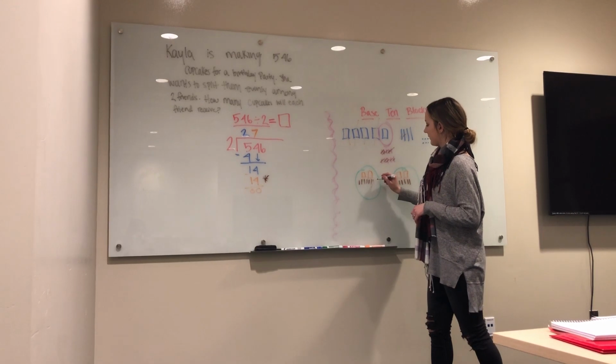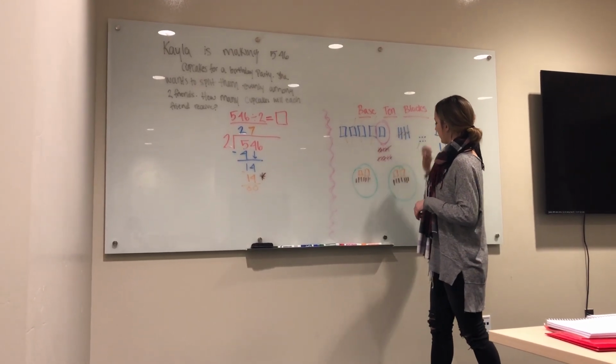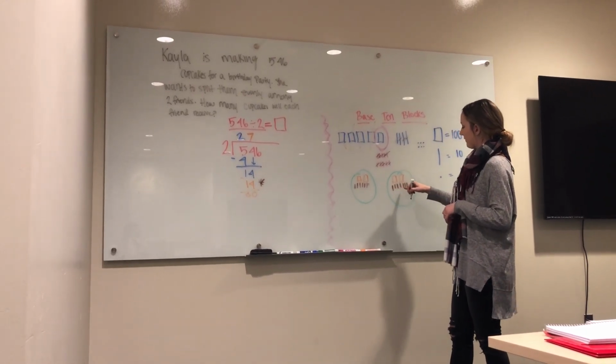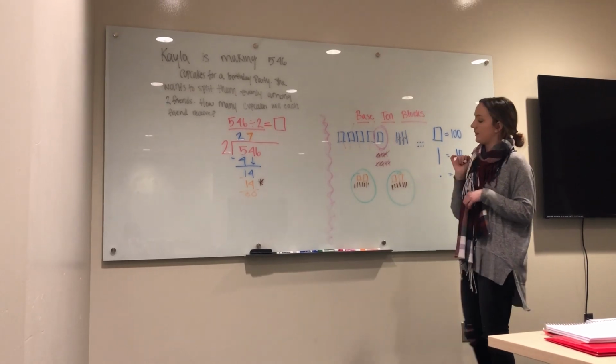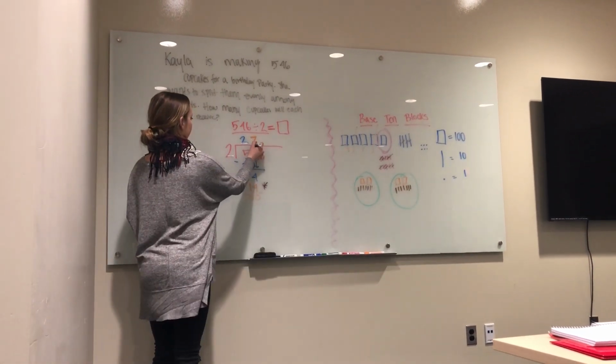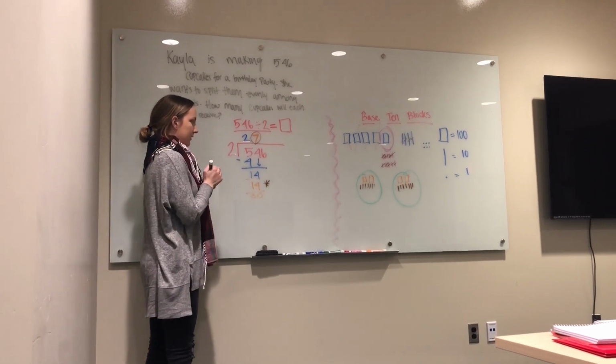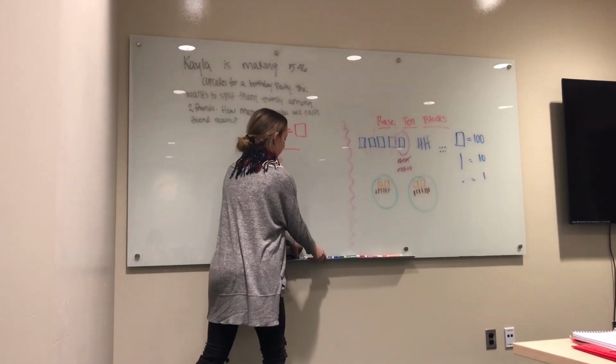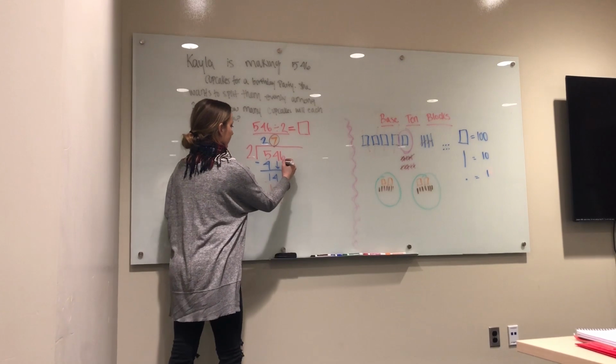And one more. So 1, 2, 3, 4, 5, 6, 7 tens in each group, which is represented, like I said before, right there. And so now we're going to regroup the 6.